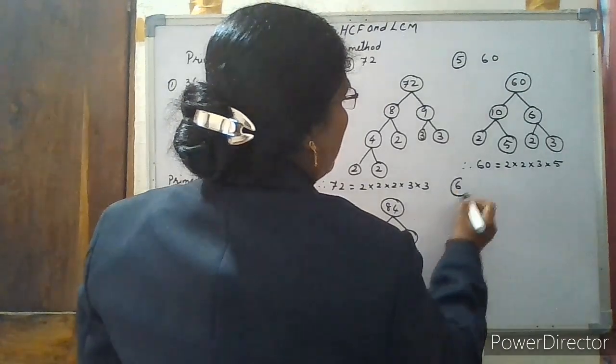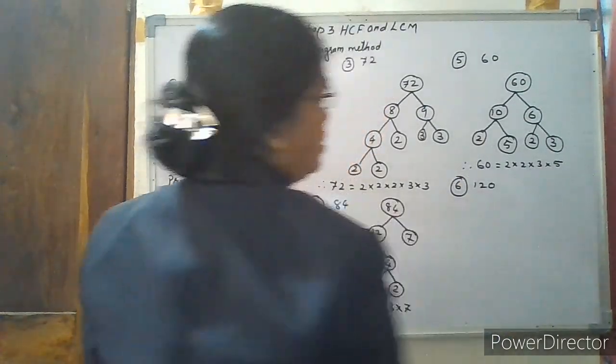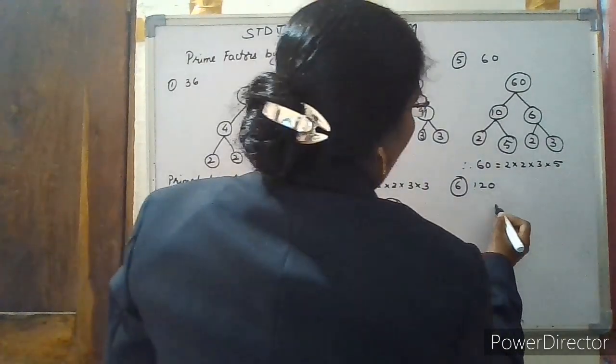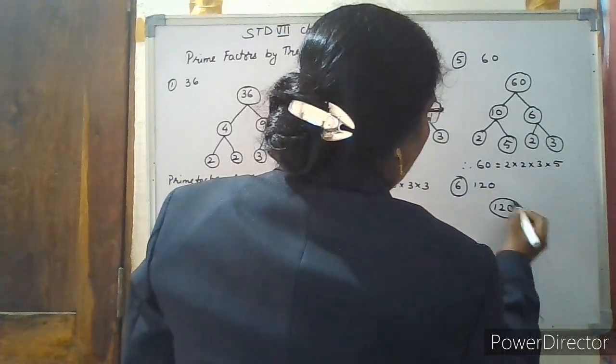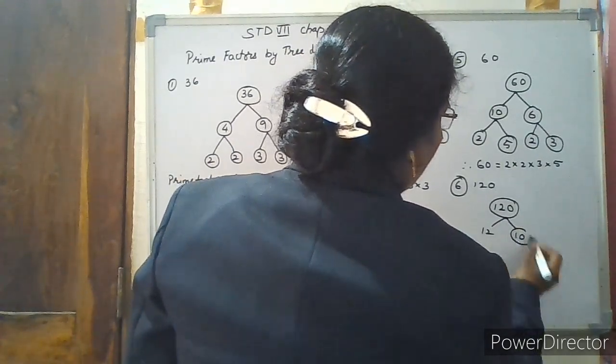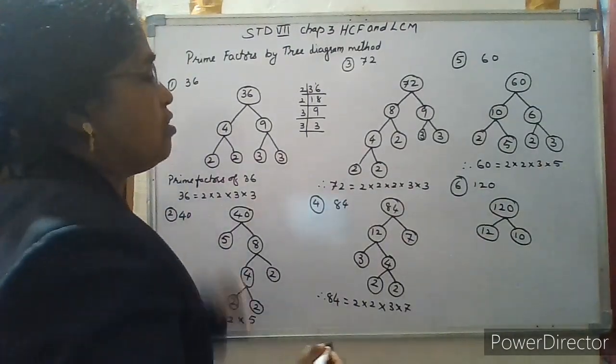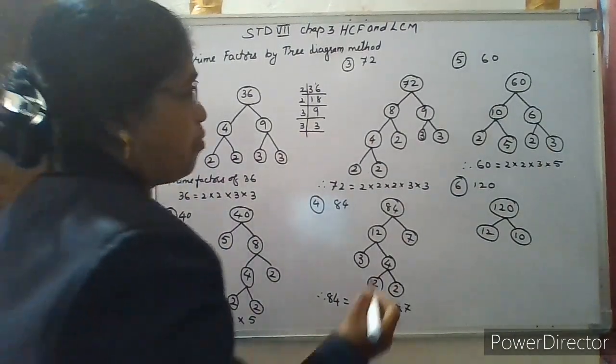Sixth example. Suppose I take 120. Now 120. 12 tens are 120. Easy table you search: 12 tens are 120.